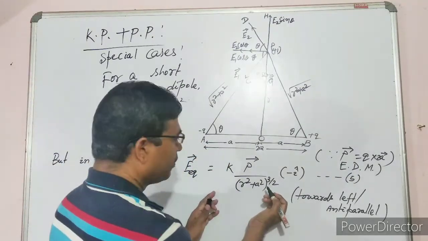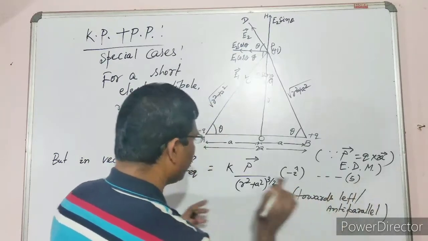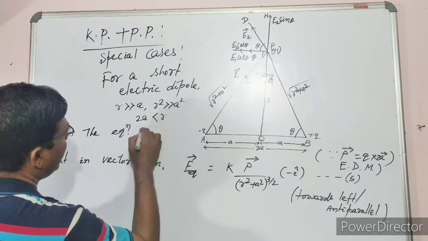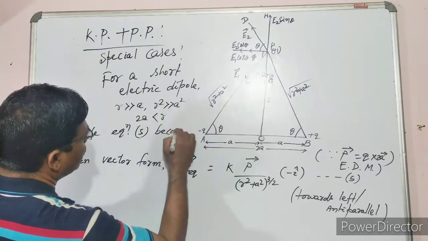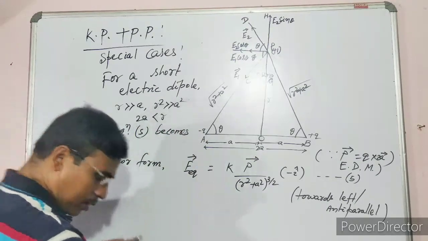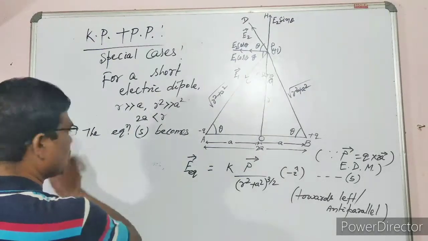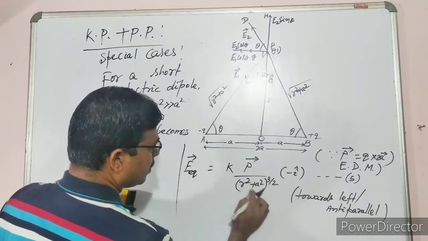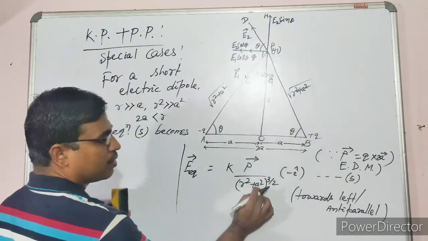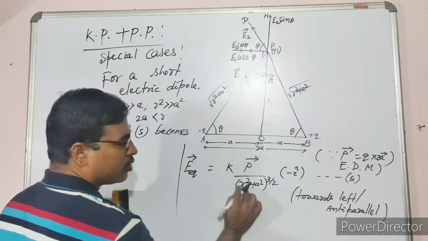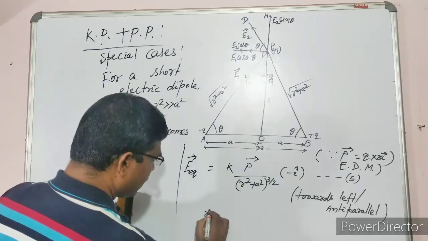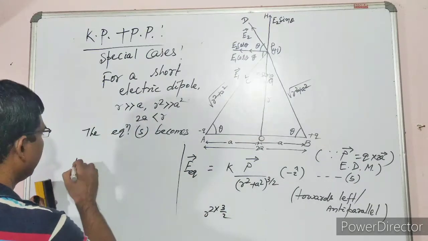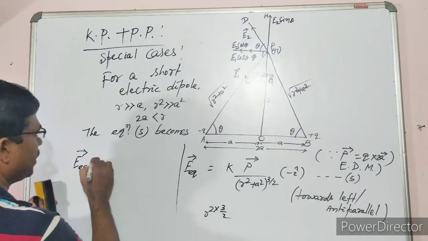Here you apply this. Equation 5 becomes, if it is greater, a square becomes neglected. So what will happen? R square to the power 3 by 2. Can you understand? Can you write? E equatorial, vector sign we are taking.